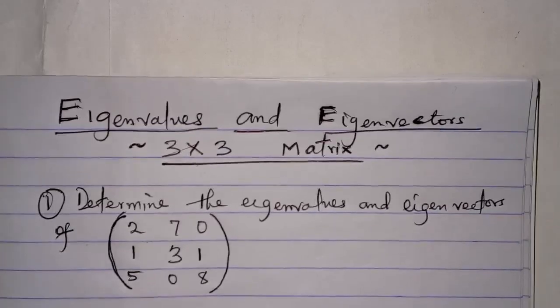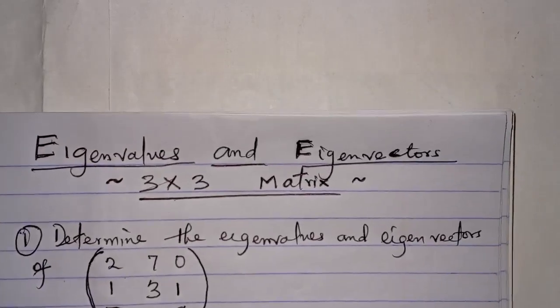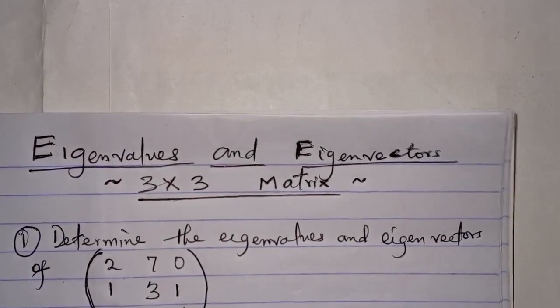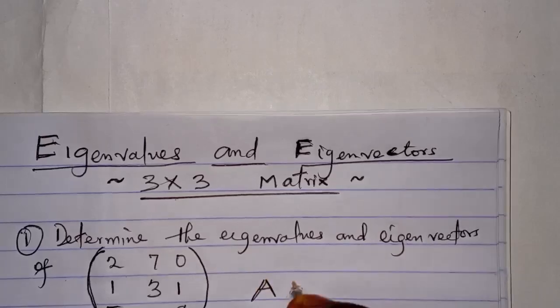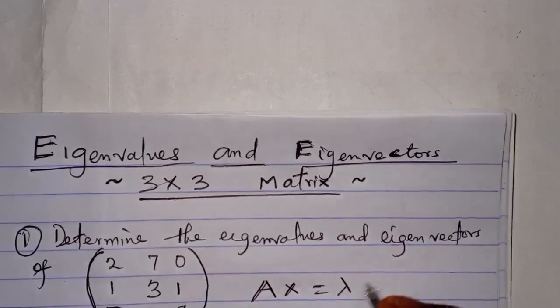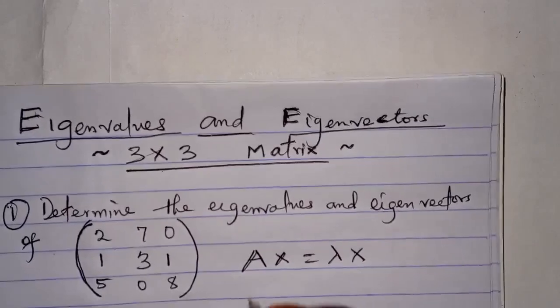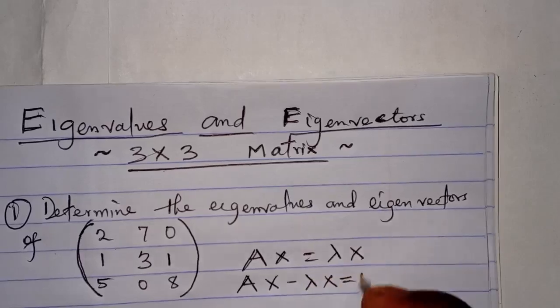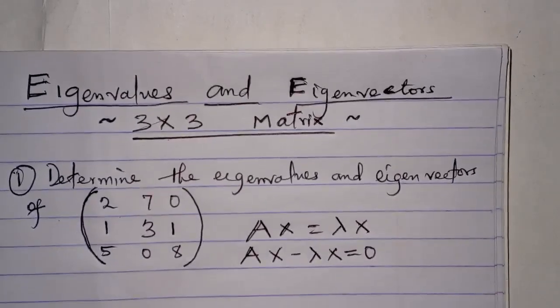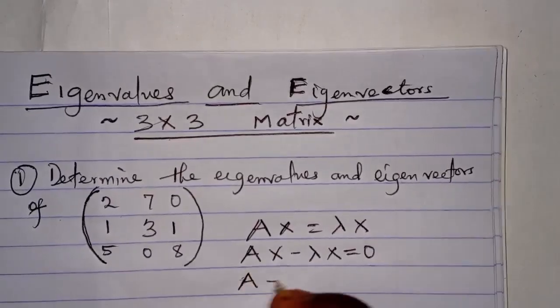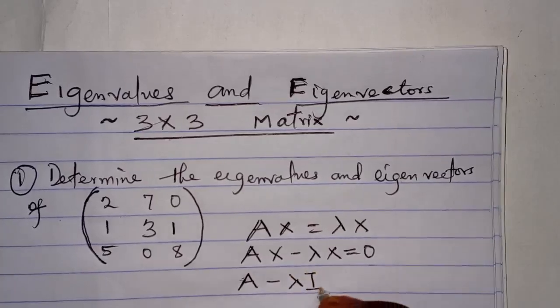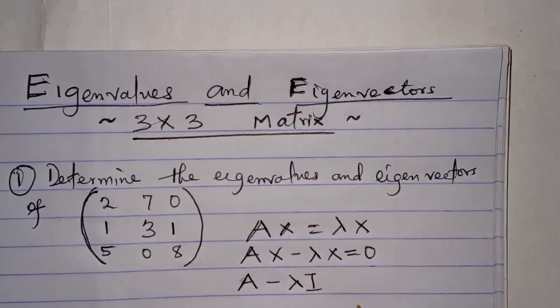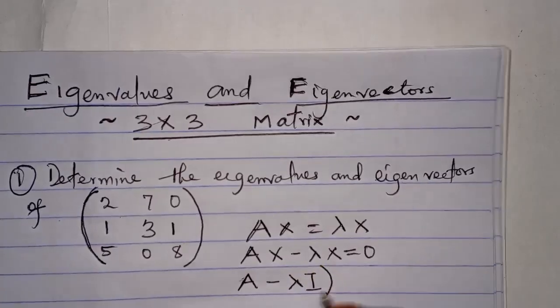Okay, before we proceed, in the last video under eigenvalues and eigenvectors, we made use of the equation Ax = lambda x, from which we said that Ax minus lambda x equals 0. And then if we bring x out, we'll have (A minus lambda I) x equals 0, where I is the identity matrix or the unit matrix.